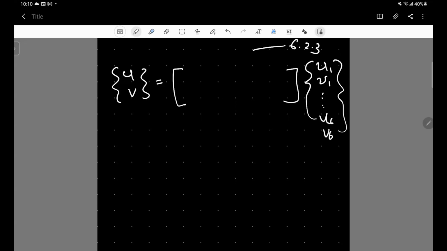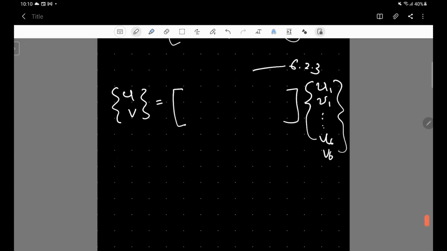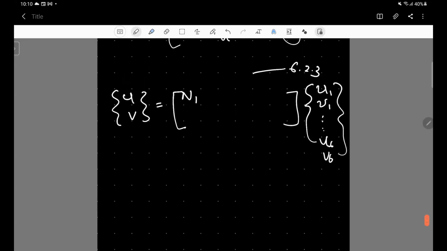So we would like to describe this in terms of shape functions. For this, we slightly rearrange the equations. So let me write it like this. So this is, let's say, a matrix.